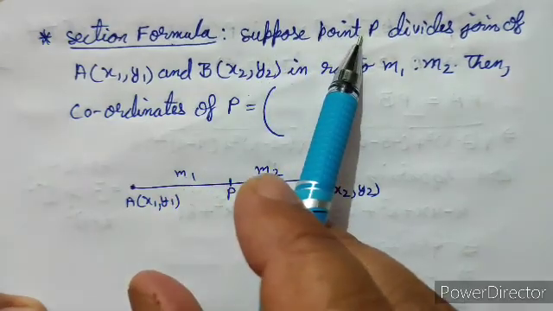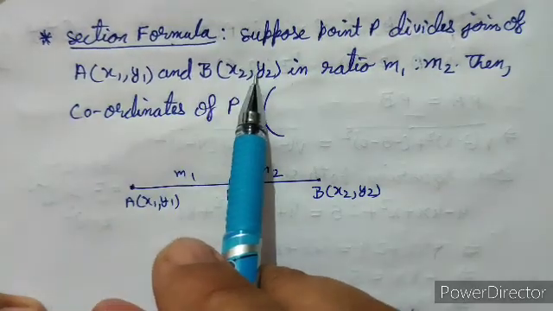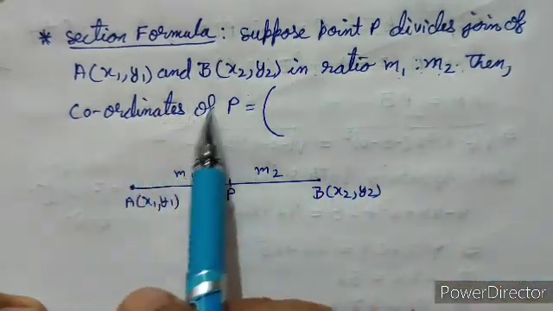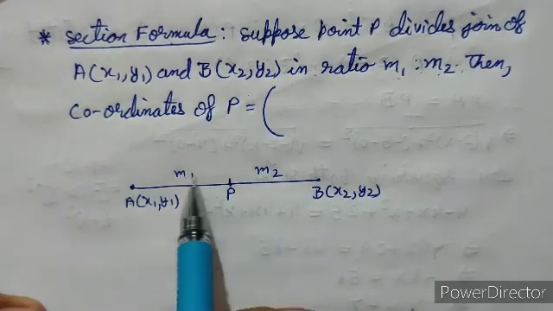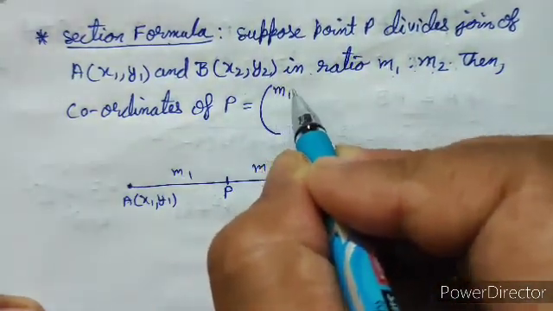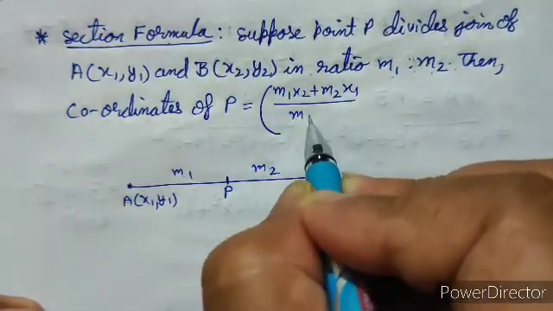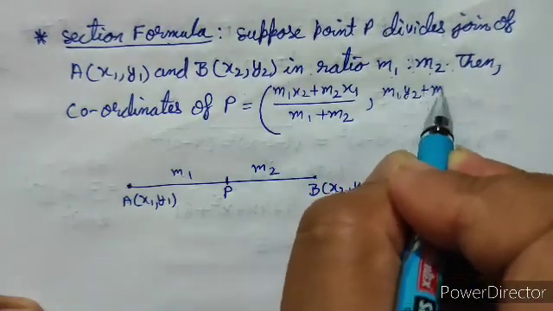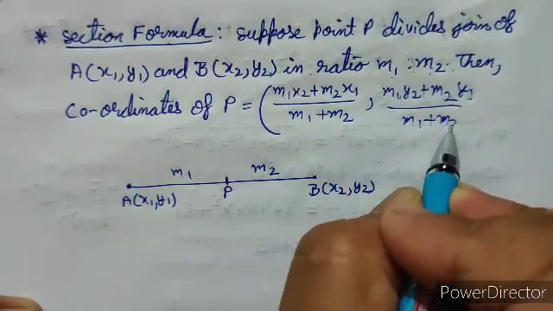Suppose point P divides the join of A (x1, y1) and B (x2, y2) in ratio m1 : m2, that means the join of A and B is divided by P in ratio m1 : m2, then coordinates of P will be equal to (m1 x2 + m2 x1) upon (m1 + m2) and (m1 y2 + m2 y1) upon (m1 + m2).